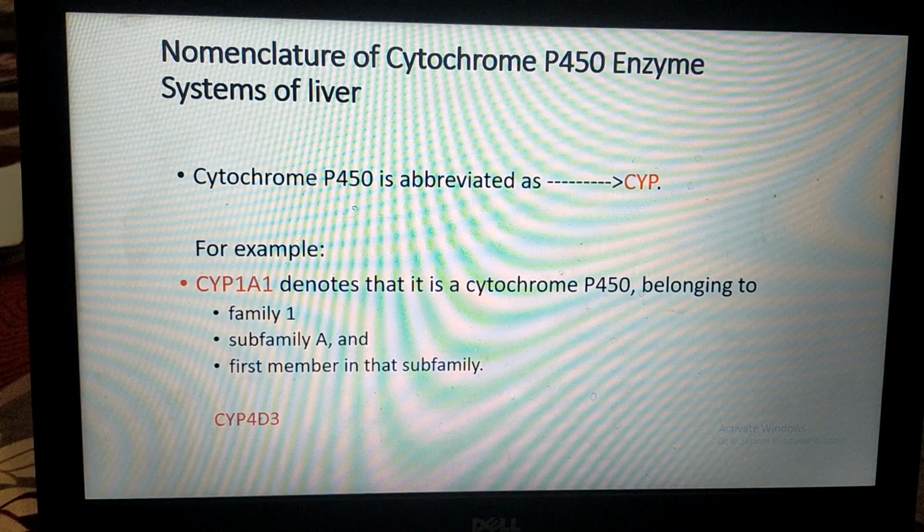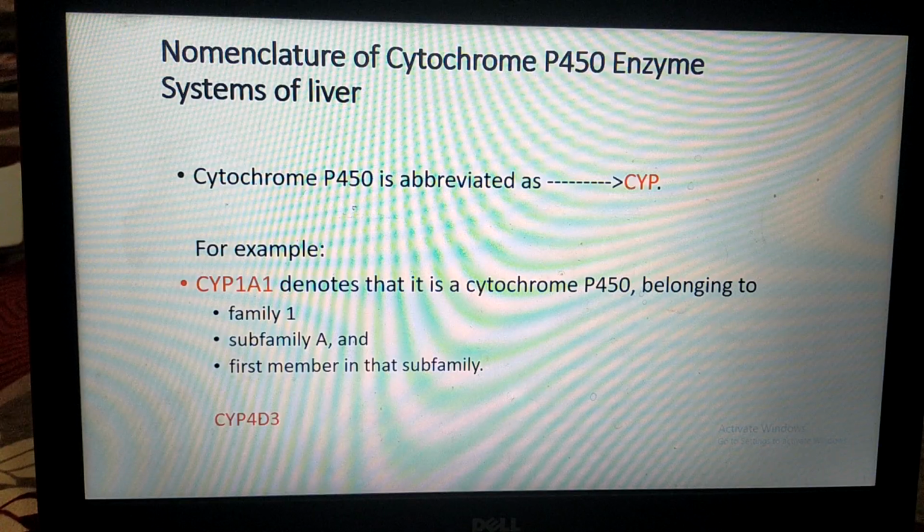CYP means cytochrome P450. The first digit indicates the family, the second letter A indicates the subfamily, and the third digit, again 1, indicates the first member of that subfamily.